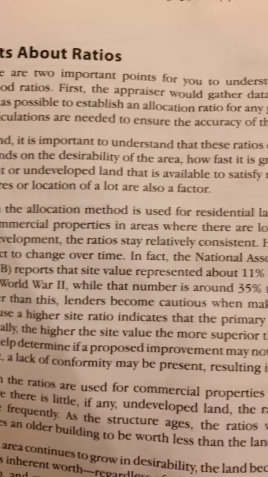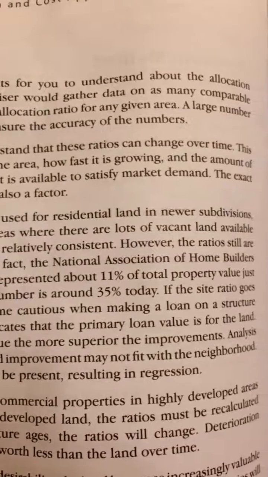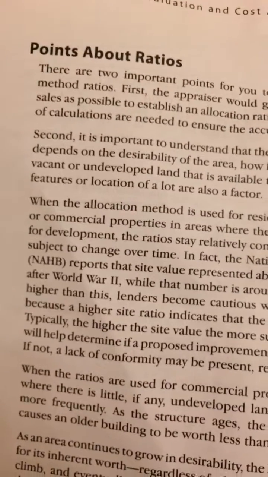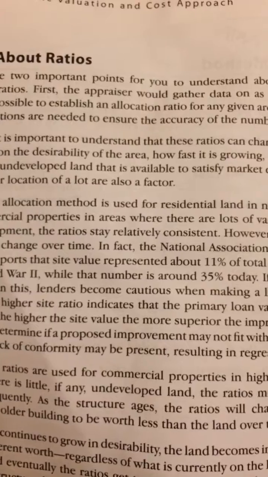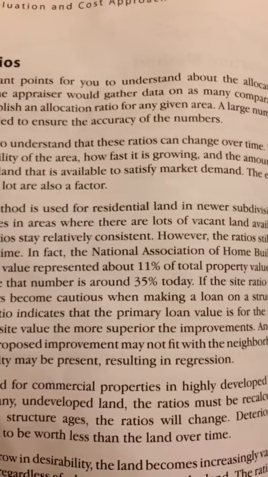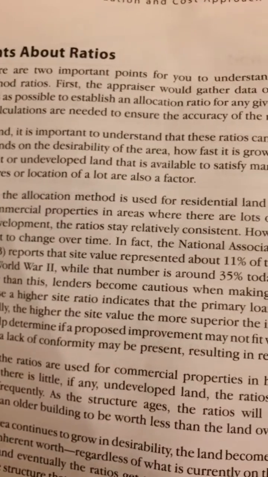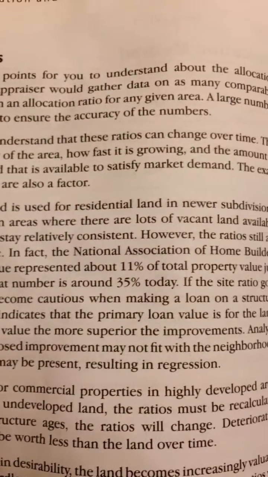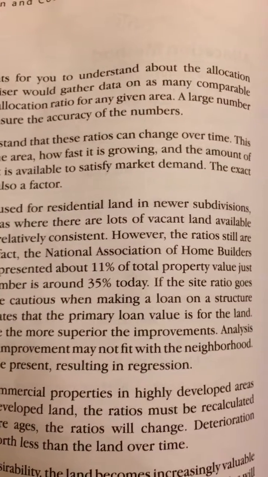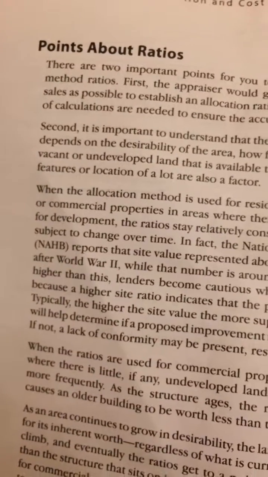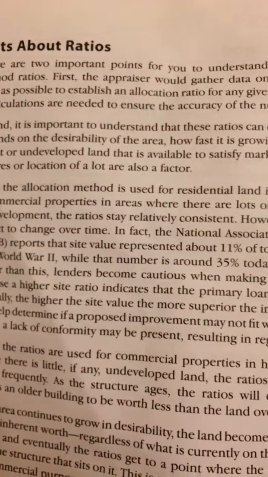Second, it is important to understand that these ratios can change over time. This depends on the desirability of the area, how fast it is growing, and the amount of vacant or undeveloped land that is available to satisfy market demand. The exact features or location of a lot are also a factor.